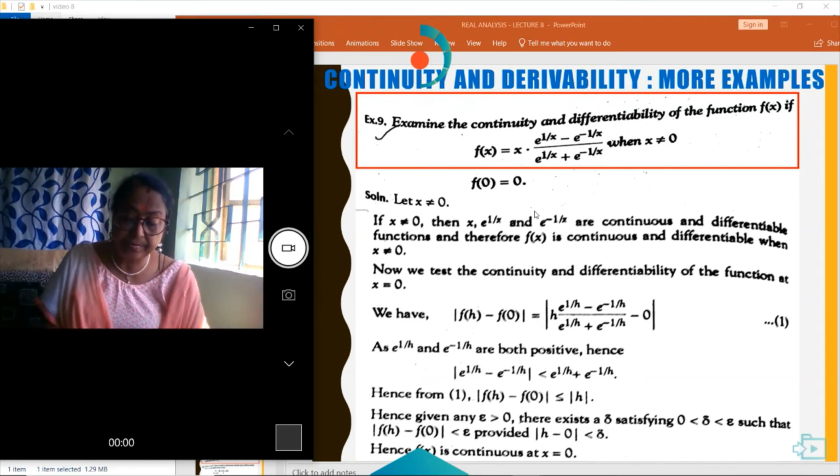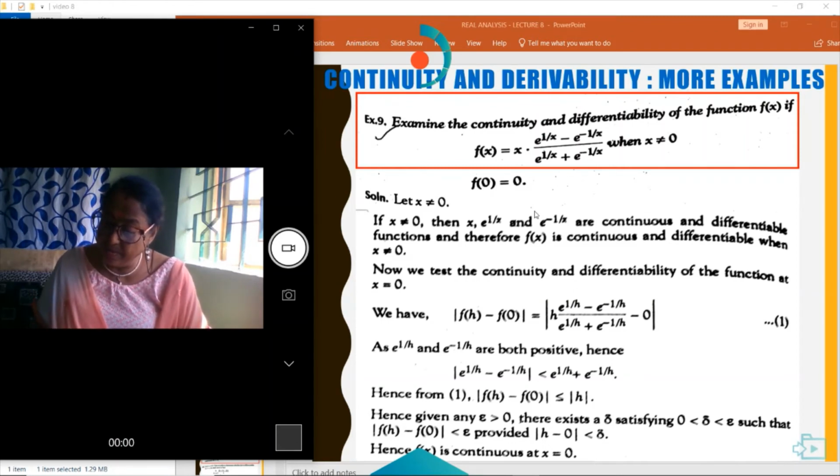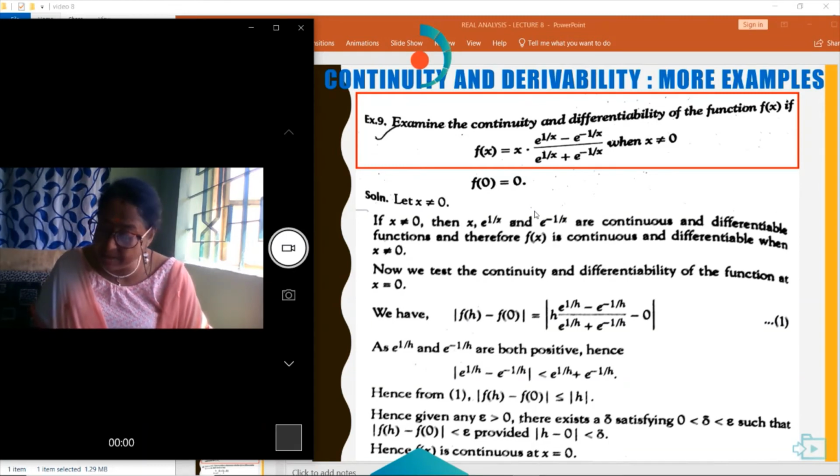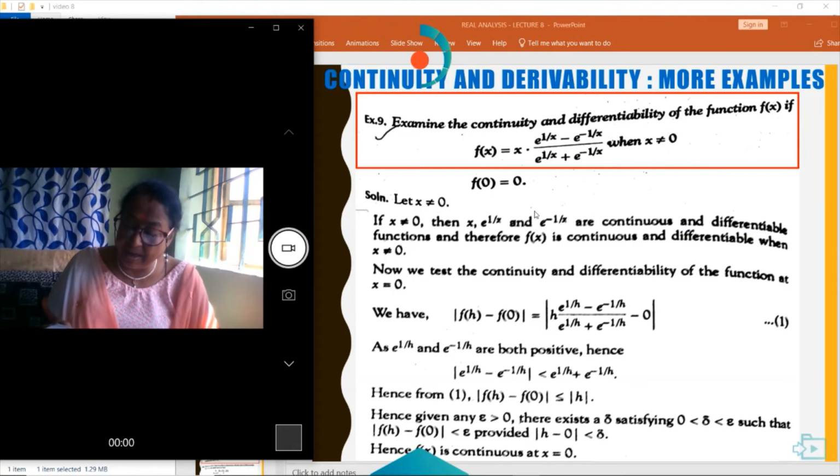So if x is not equal to 0, then x, e^(1/x) and e^(-1/x) are continuous and differentiable functions, and therefore f(x) is continuous and differentiable when x is not equal to 0.